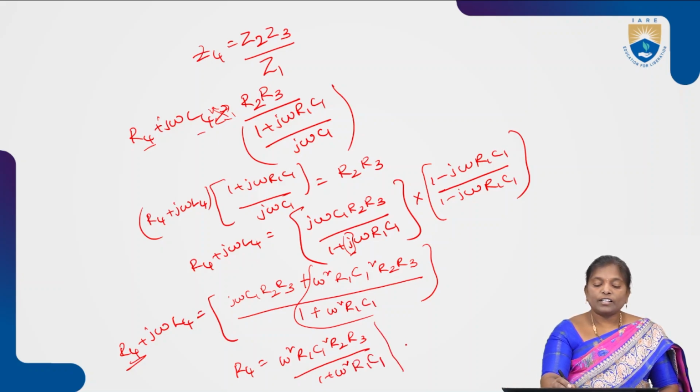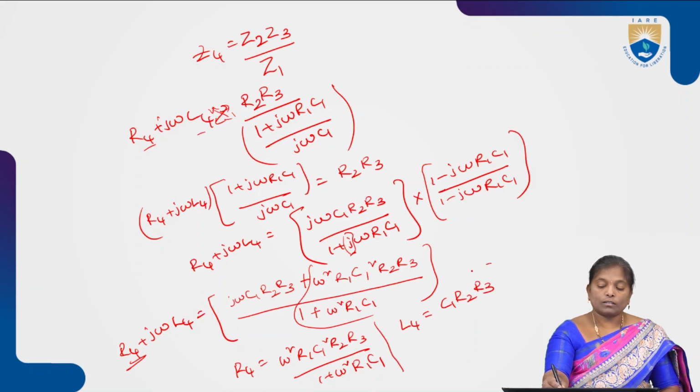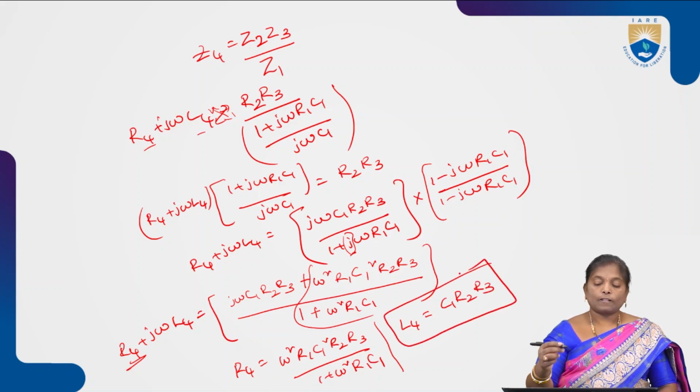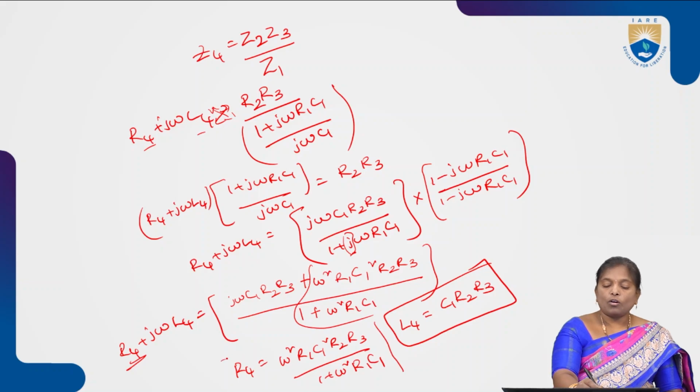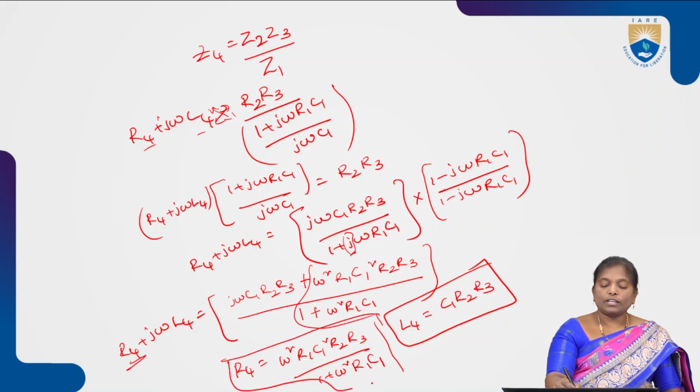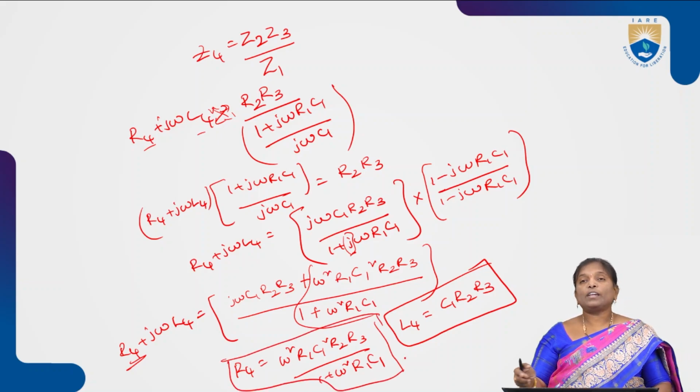Similarly, we can represent L4 as C1 into R2 R3. This is the way how to measure unknown inductance with the help of the Hay bridge.